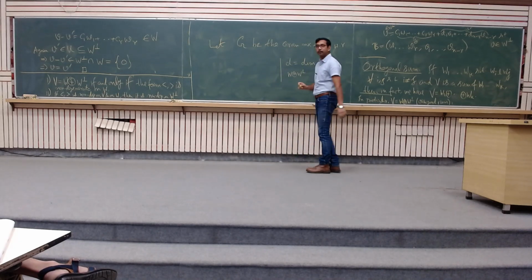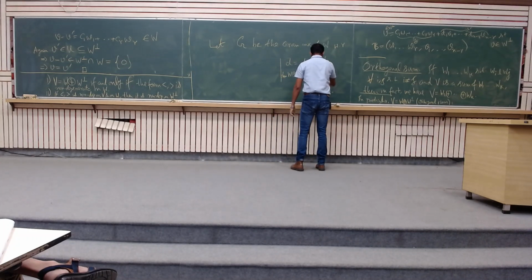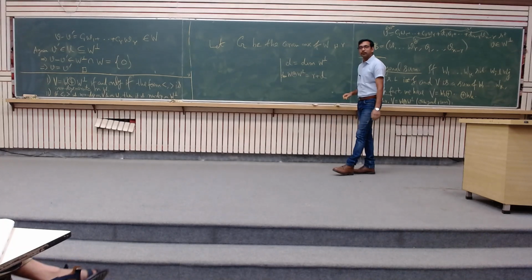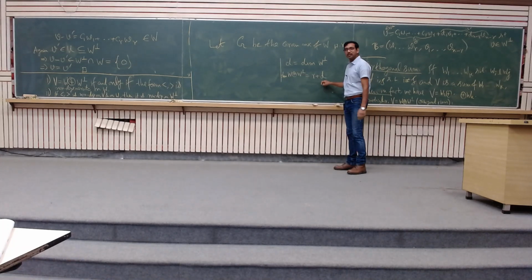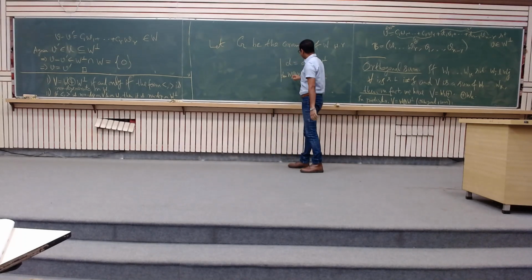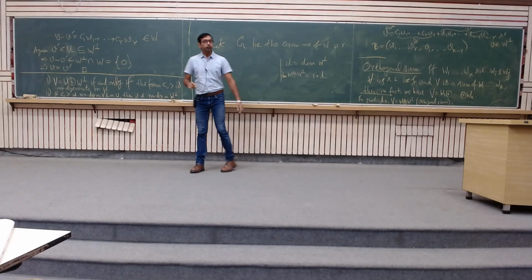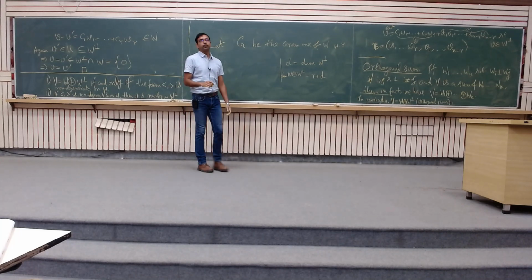The dimension will be r plus d since those two are independent. So the dimension of this would be r plus d. That is a subspace of V. We don't know whether it's V or not, but it's a subspace of V.